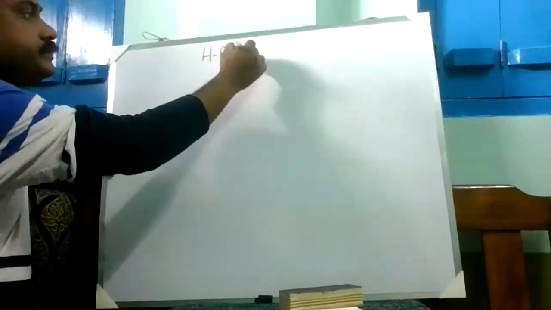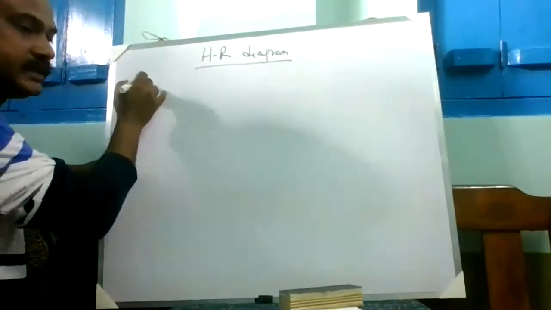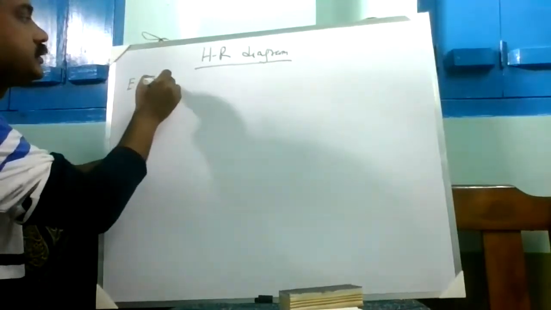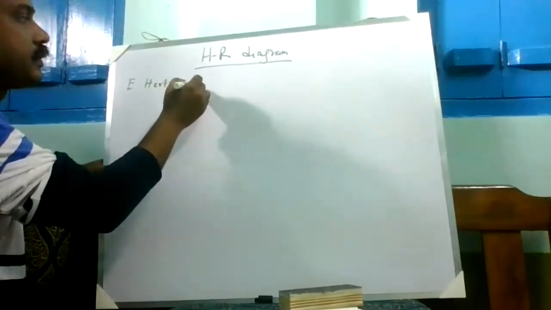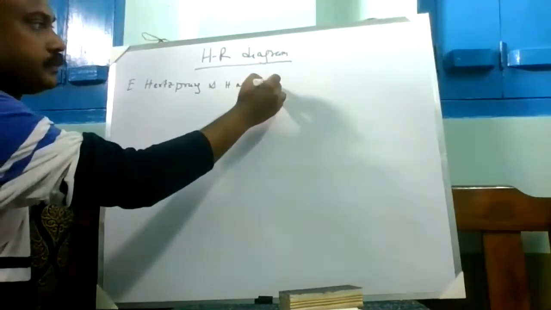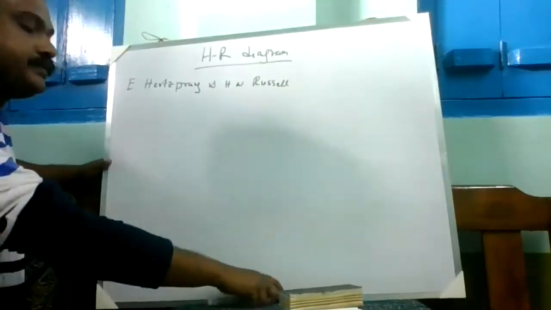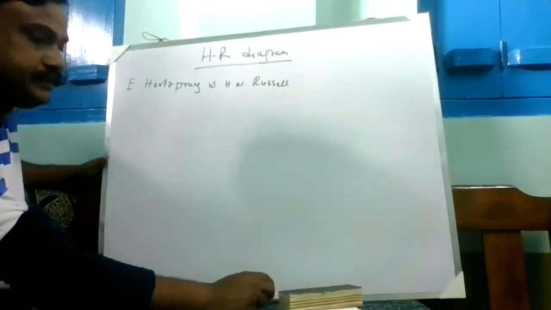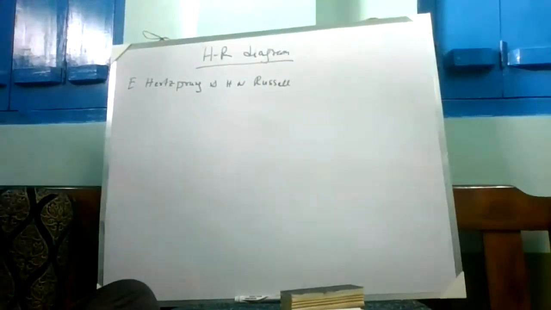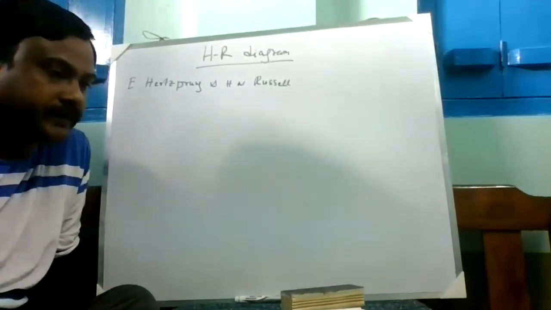Two scientists, E. Hertzsprung and H. N. Russell, independently did this work. So, in honor of their names, this diagram is known as the HR diagram.